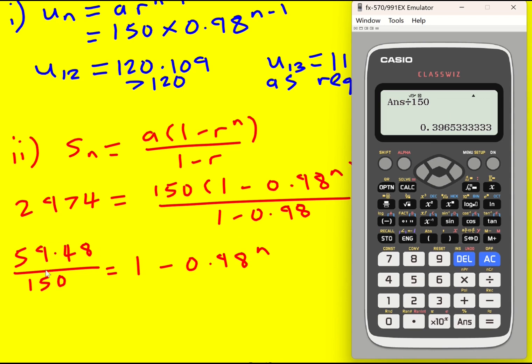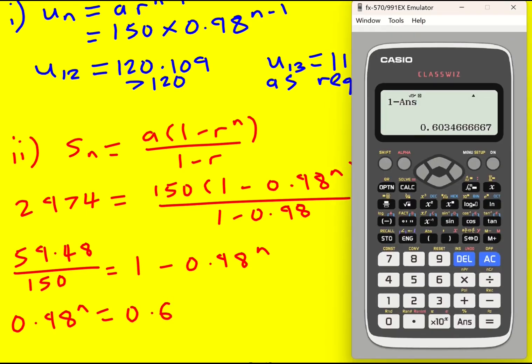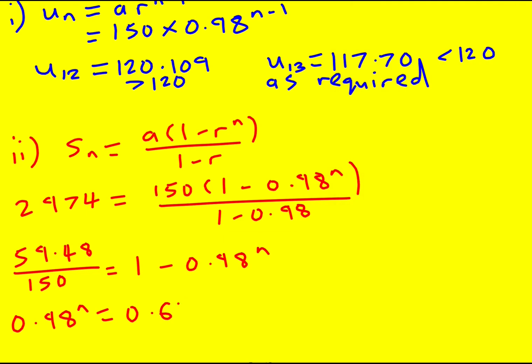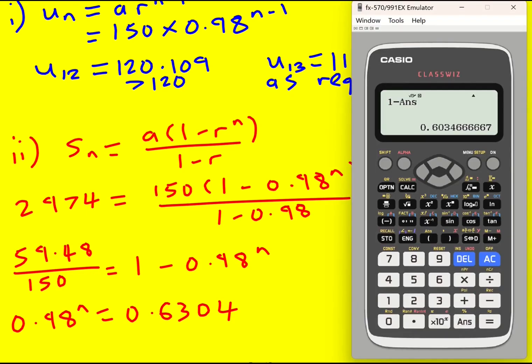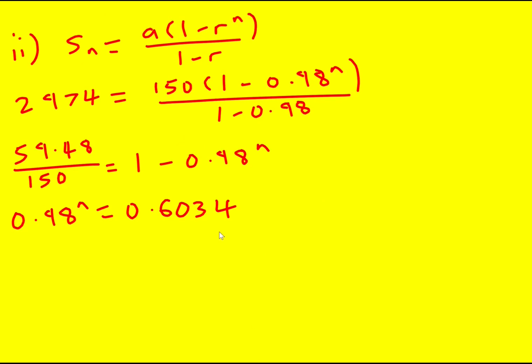I'm going to do 1 minus the left-hand side equals the 0.98 to the n. Not 6034. Wait, was it that? Sorry, I might have made a mistake there. 0.6034. Sorry, to swap those two around. I'm just going to delete it. Okay, it's now set up in the right way to be able to deal with this.